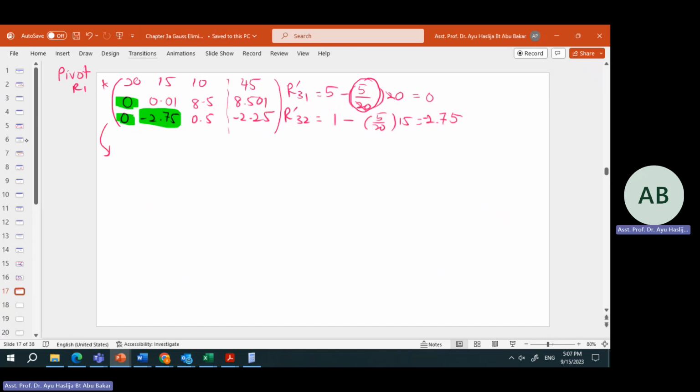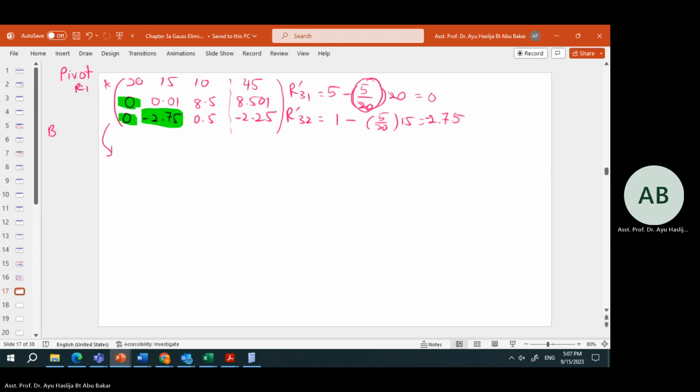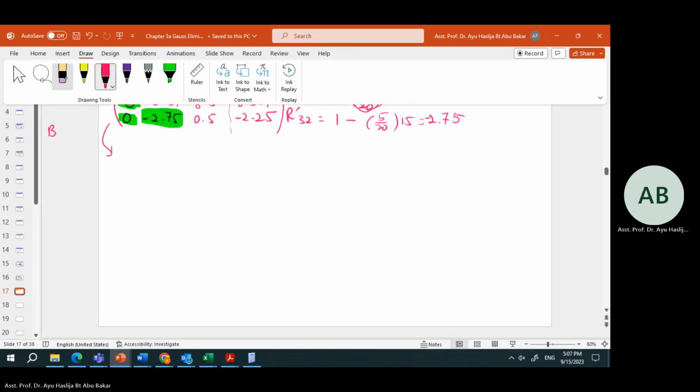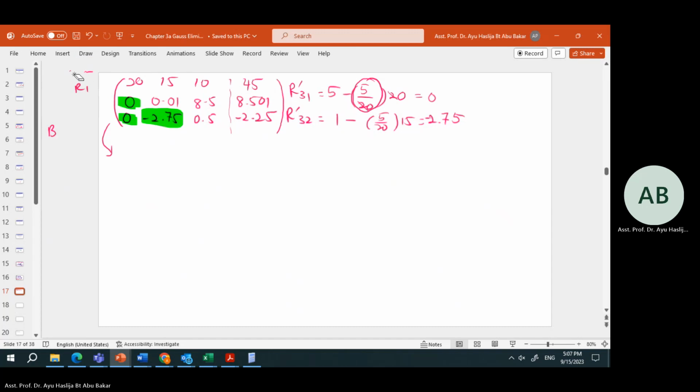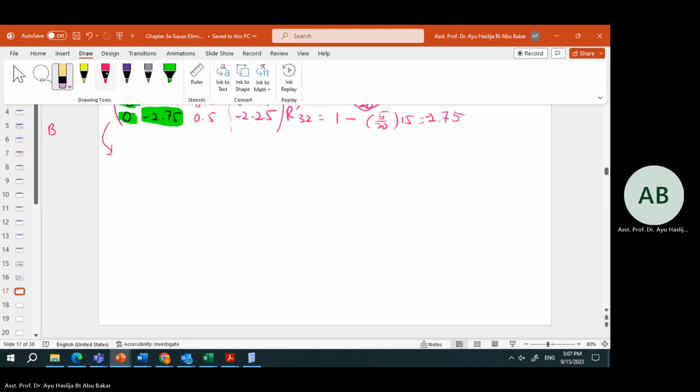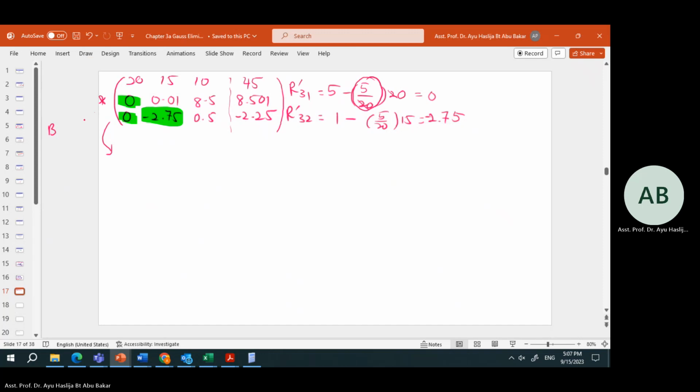Okay, next. Row prime 2: just now, because this one is after we have zeroed the thing, you will have r prime 1, r prime 2, r prime 3. So now we pivot r prime 2.